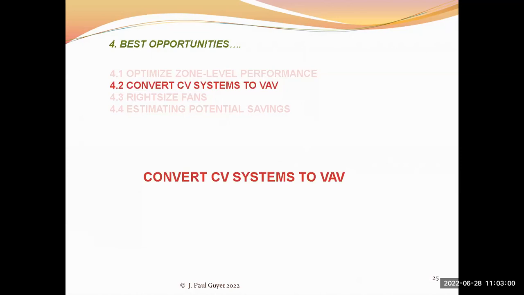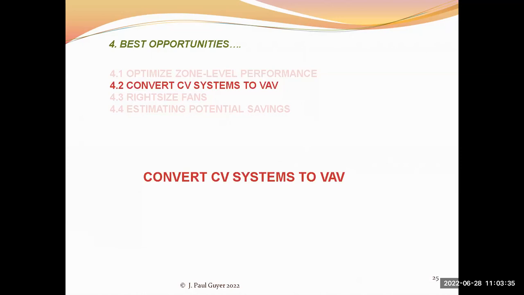To determine whether the existing system is VAV or constant volume, you review the original design drawings, and there will typically be a schedule of VAV terminals in the equipment list that includes the minimum and maximum airflow CFM for each zone, and that is a VAV system.